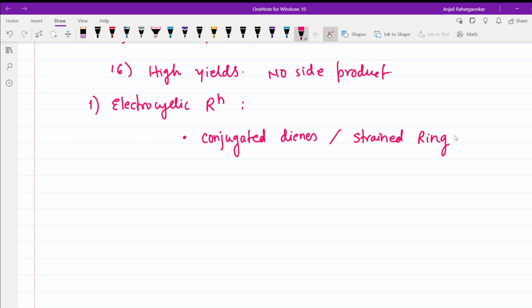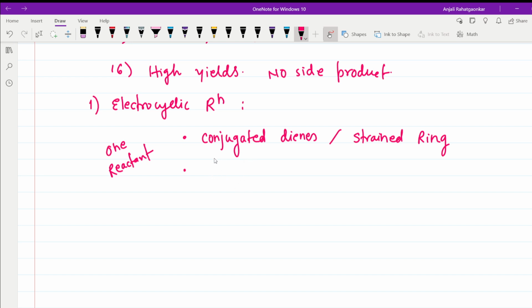As and when required, I will explain all the conditions, but for the time being, just remember that in the electrocyclic reaction, only one reactant, please remember, only one molecule we are using over here, and that can be a conjugated diene or it can be a strained ring.